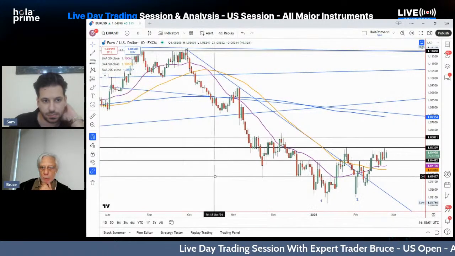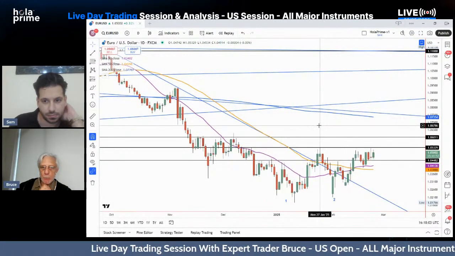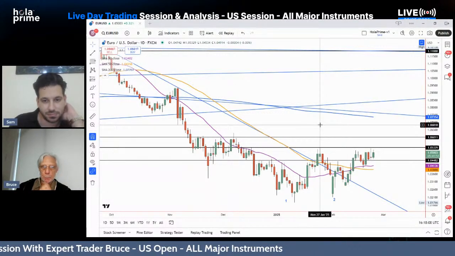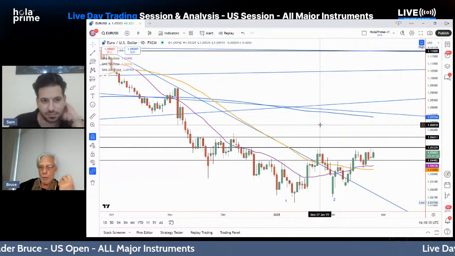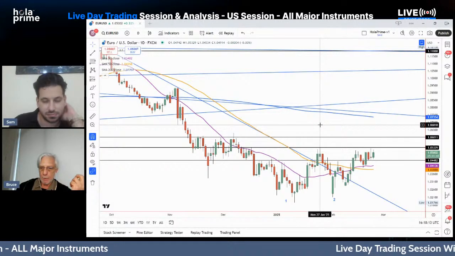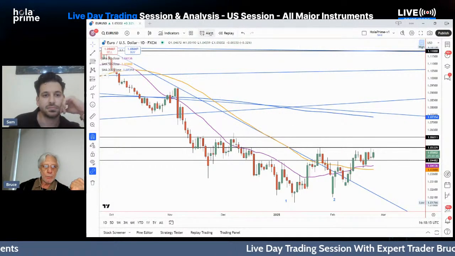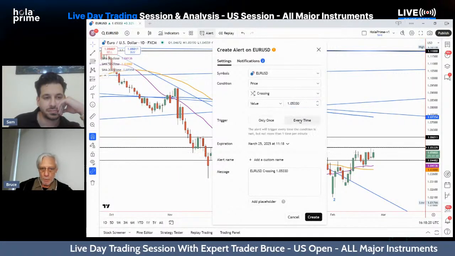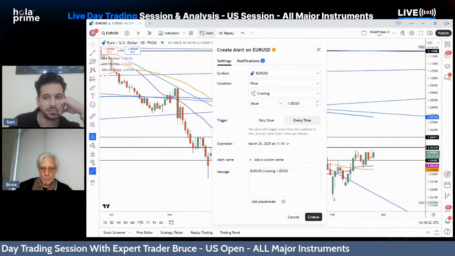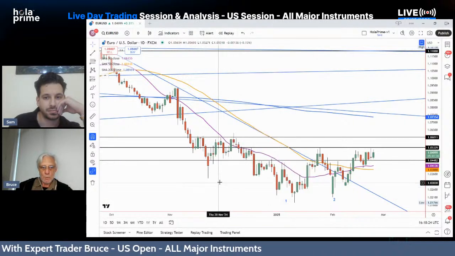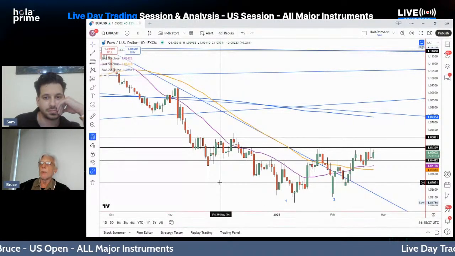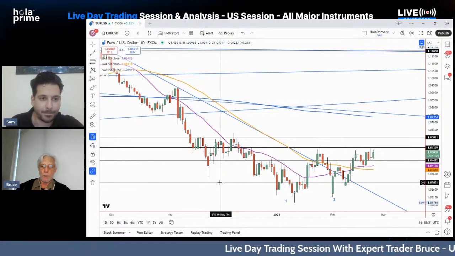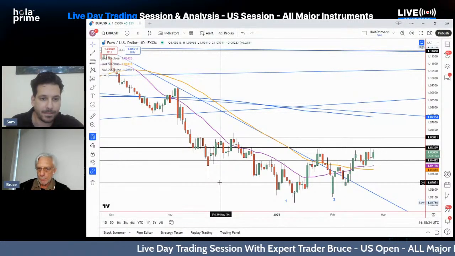And so now let's go a little bit more in detail. And one thing I want to bring to my attention, though, is we have this breakout level here on the double bottom at 1.0533. So I'm going to go up here and put in an alert, so that when that happens, I'm alerted to it, because I may want to get more aggressive in a position that I already have, or I may want to enter a position, or I may want to watch it, and so forth.